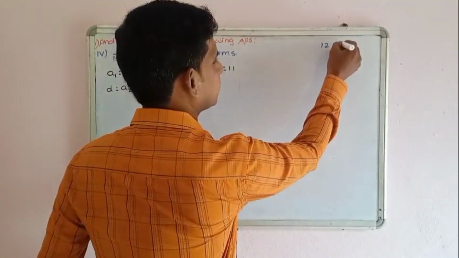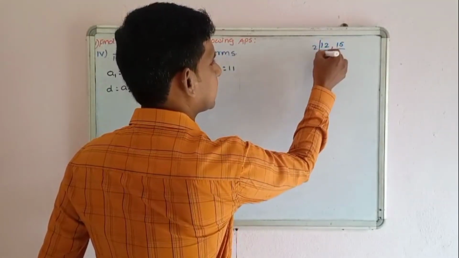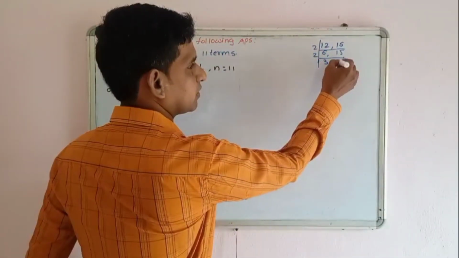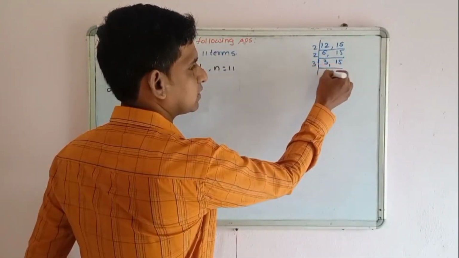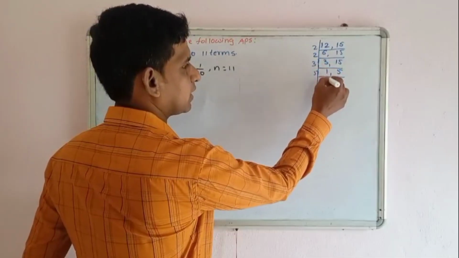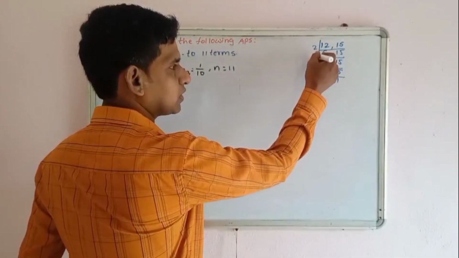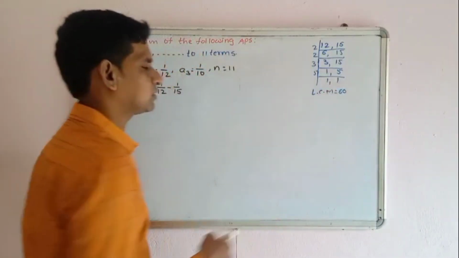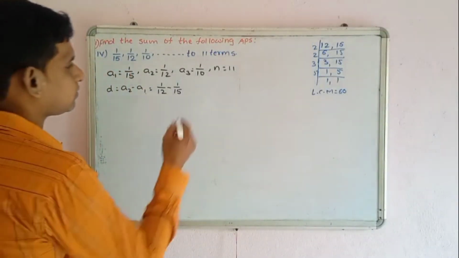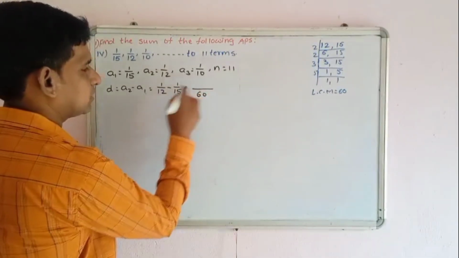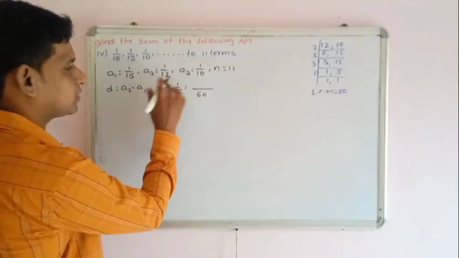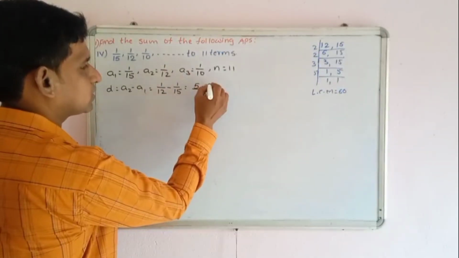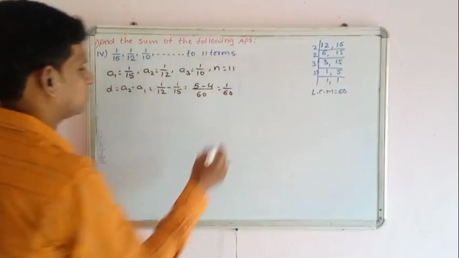Dividing by 2, 3 and 5, the LCM is 2 twos are 4, 4 threes are 12, 12 fives are 60. So the LCM is 60. 12 how many times? 5 times. 5 ones are 5. Minus 15 how many times? 4 times. 4 ones are 4. So d is 1 over 60.